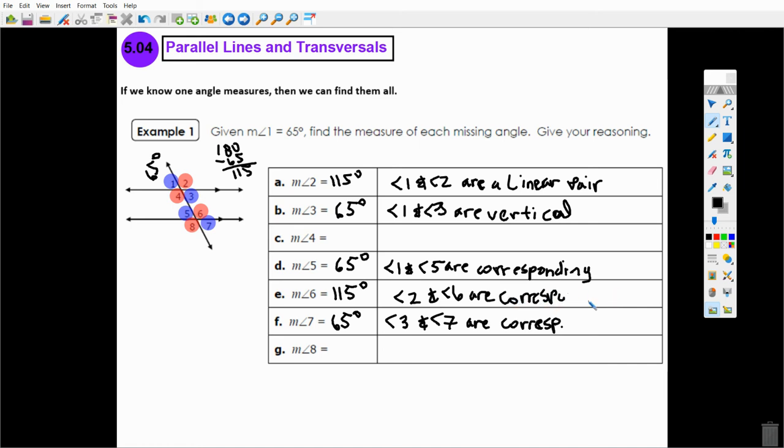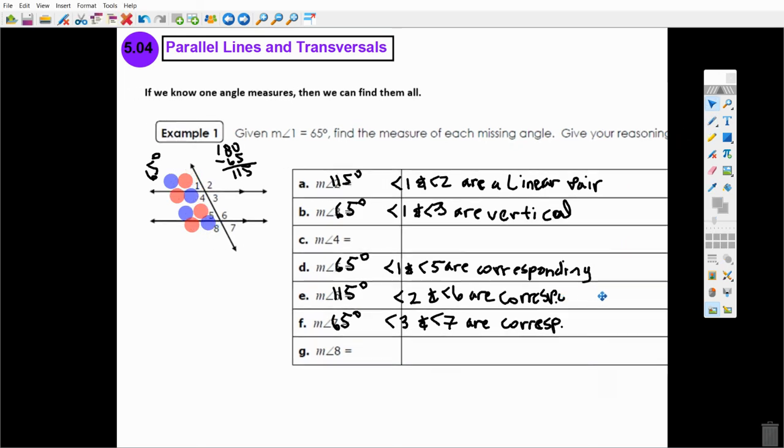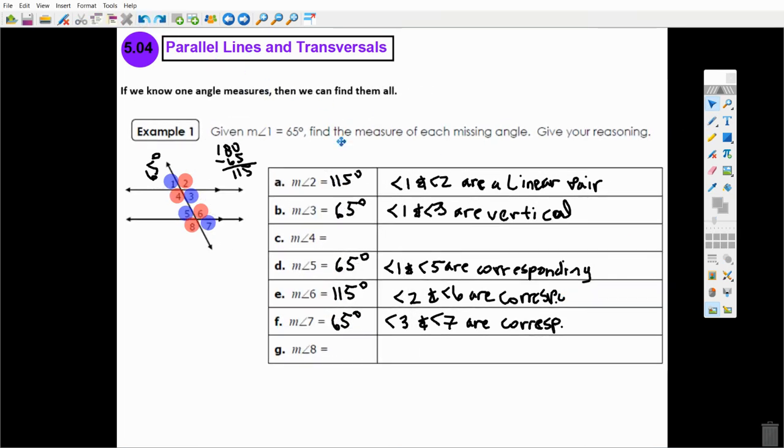Notice I use corresponding over and over again. Sometimes it could be something different, but the way I'm approaching this, that's what is popping up. So you can use the same rules over and over again if you want. And since I know what angle 6 is, I know what angle 8 is.